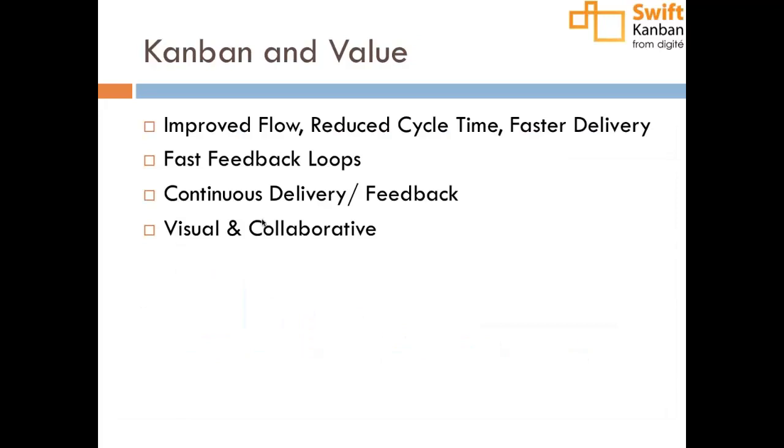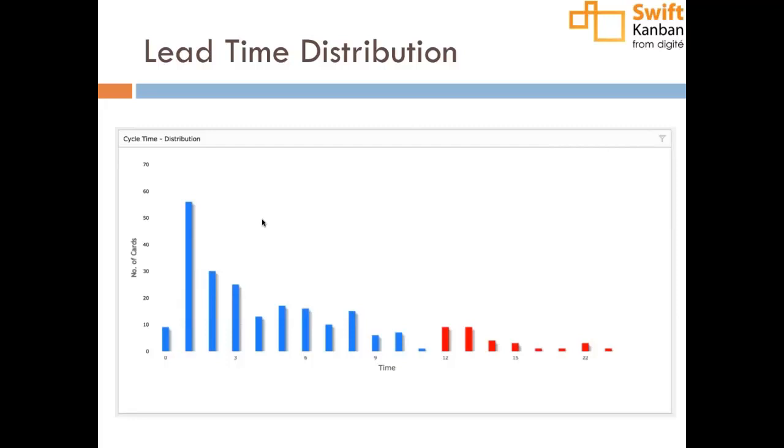The other thing to note is that the lead time distribution is by its very nature a long tail distribution, right? It's got a long tail, and there are reds which are basically more than 3 sigmas away.